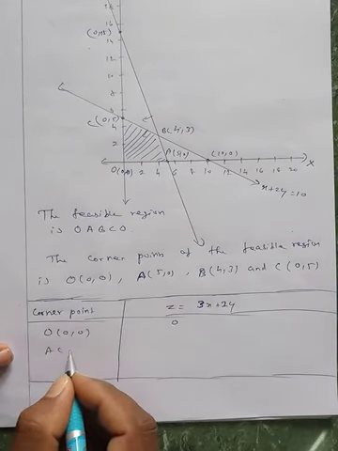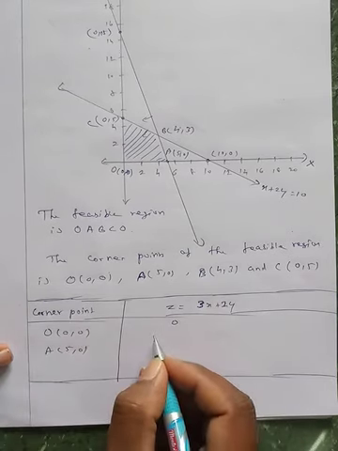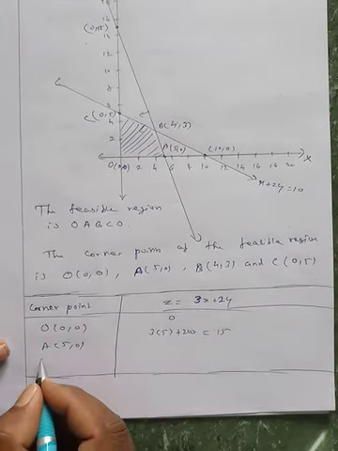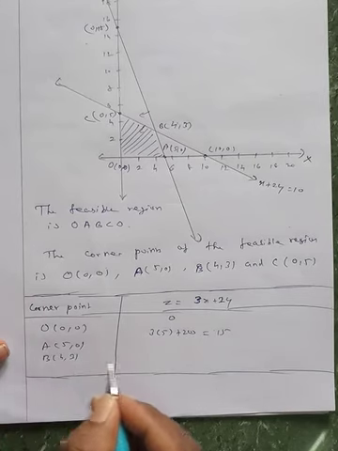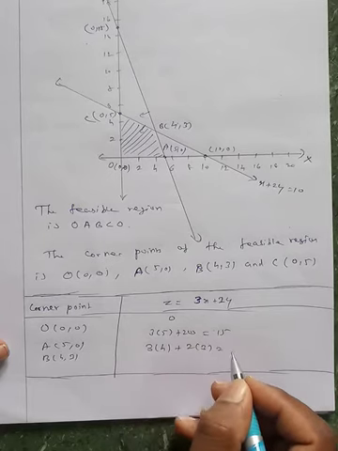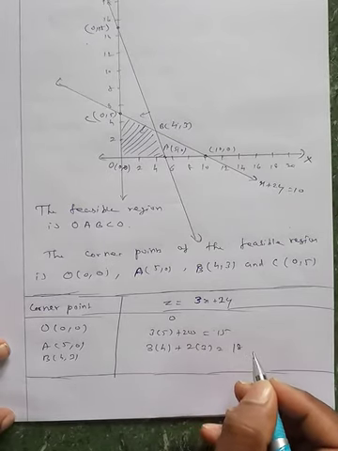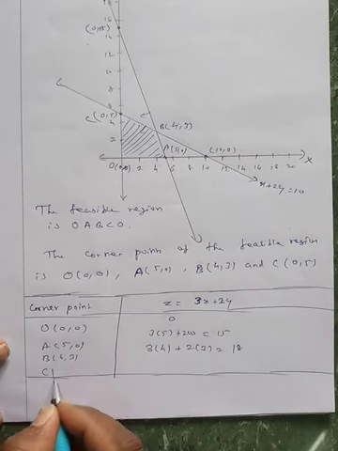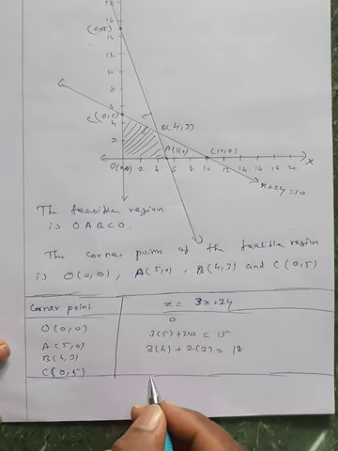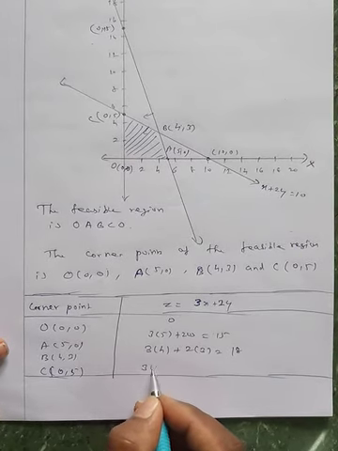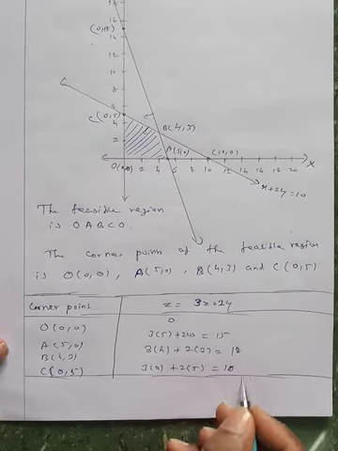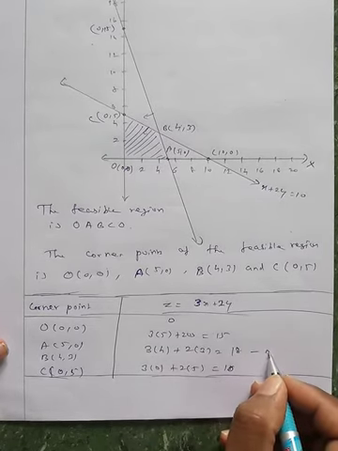A (5, 0): 3 into 5 plus 2 into 0 is equal to 15. B (4, 3): 3 into 4 plus 2 into 3 is equal to 12 plus 6, 18. C (0, 5): 3 into 0 plus 2 into 5 is equal to 10. Therefore this is the maximum value.